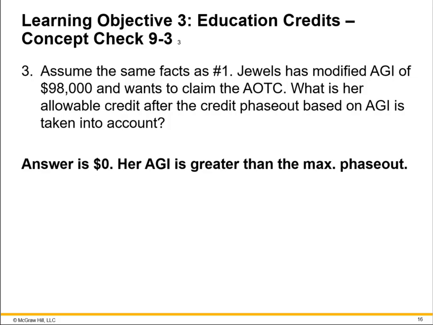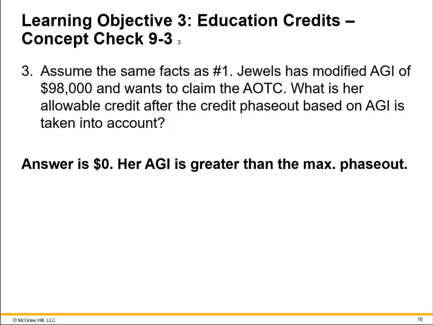And then if her income is over 98,000, okay, she gets no credit, right? Because she's single, and so she's on that different phase out range. And that would apply if it was lifetime learning credit or not. So lifetime learning credit and the AOTC have the same phase outs, right?